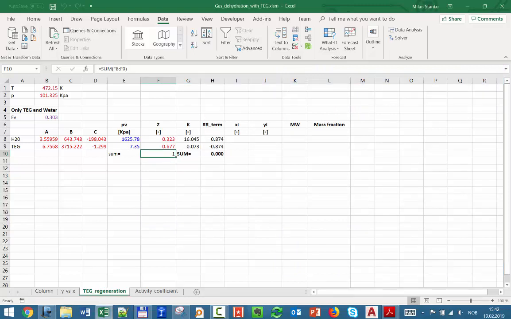Okay, it found a solution. 0.3 actually was very close, for some reason, our assumption.